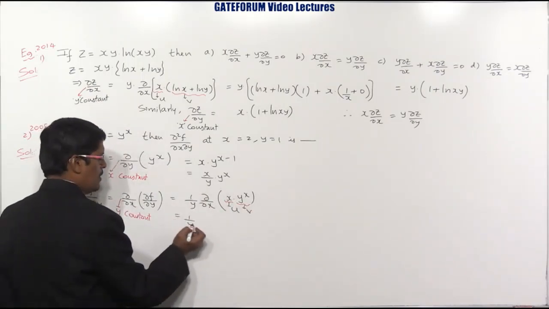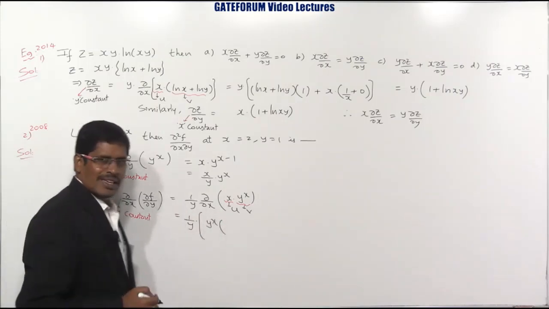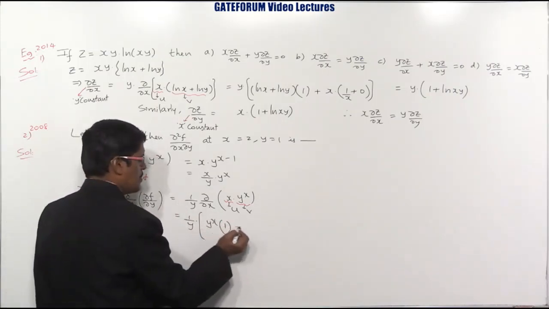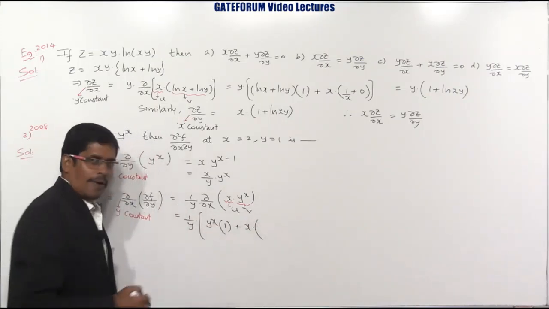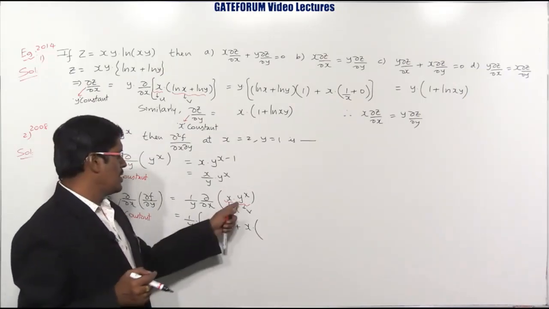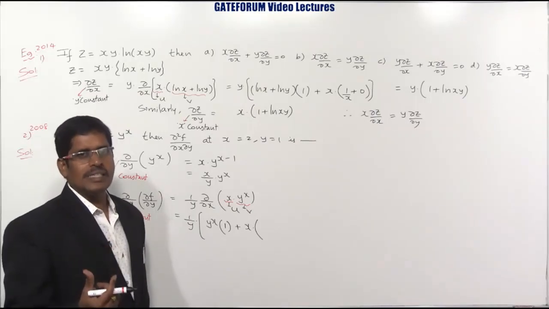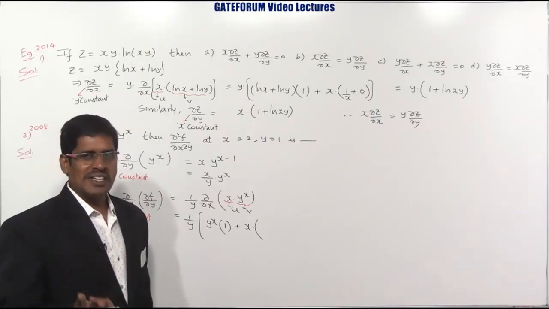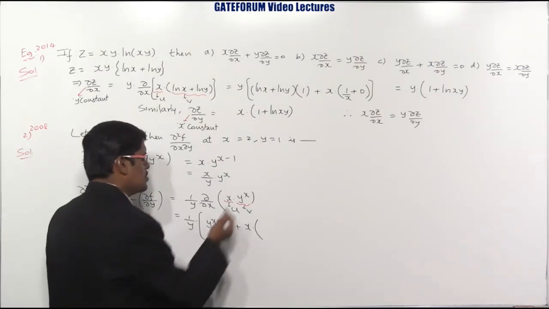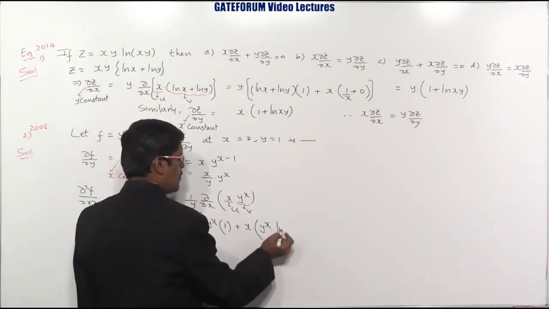So 1 by y into v into u dash, y power x into the derivative of x with respect to x, which is 1, plus x into the derivative of y power x with respect to x. Here y is the base and is constant. When the base is constant, you compare the term a power x, whose derivative is a power x into log a. So y power x derivative with respect to x is y power x into log y.